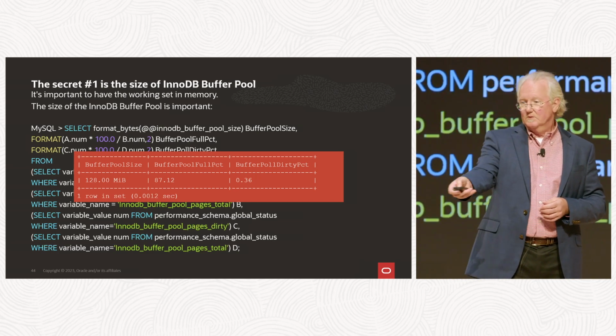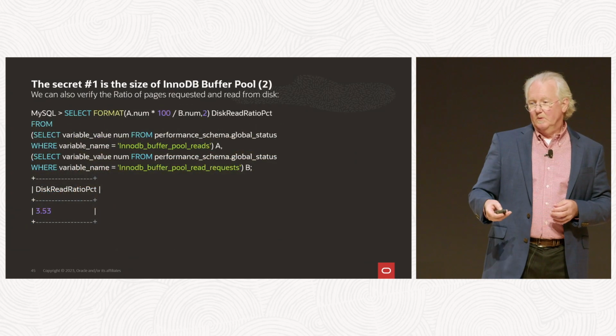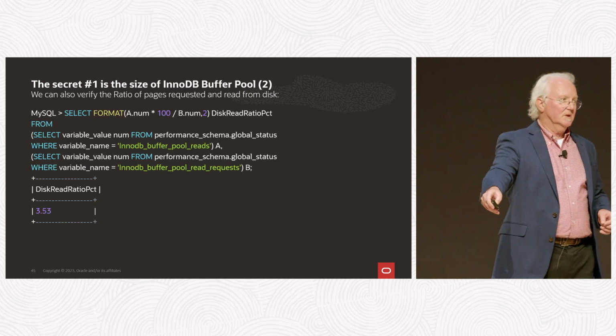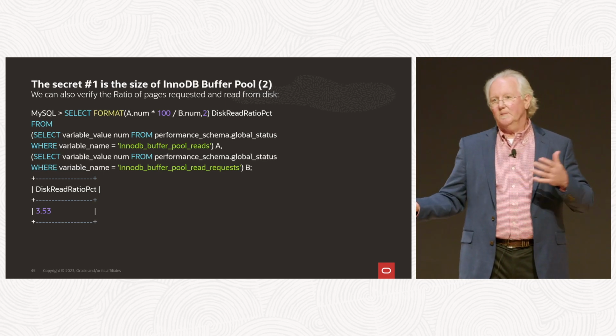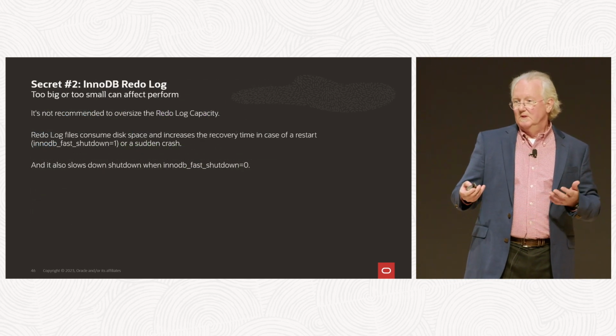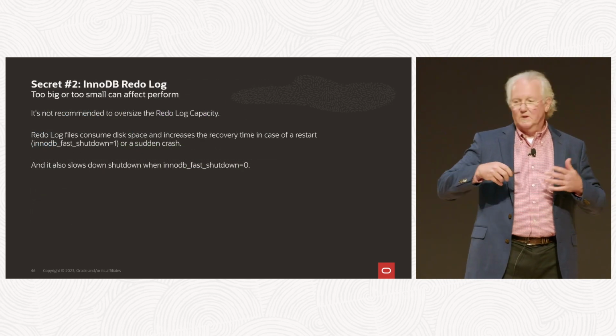So based on those values, I'm going to go in and I'm going to size the buffer pool. So I'm also going to look at how many reads I got, how many writes I've got, and things like that. So that all goes into it as well. So you want to set those things up.